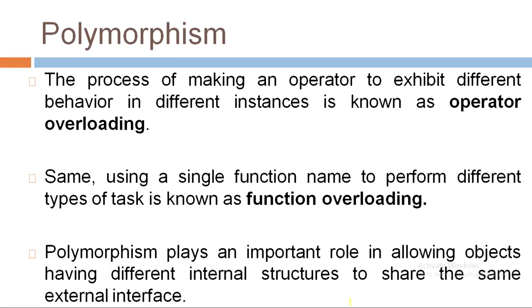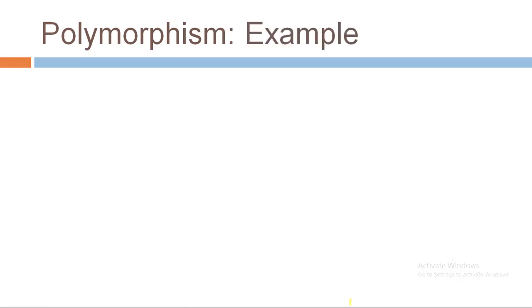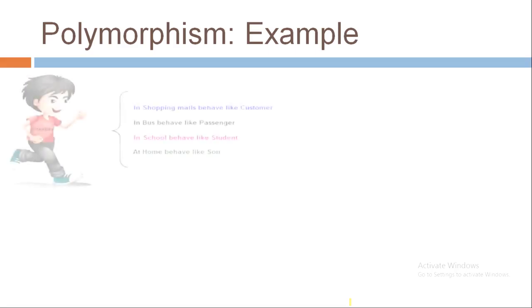The process of making an operator behave in different forms in different instances is known as operator overloading. In the same way, using a single function name to perform different tasks is known as function overloading. So we can say that operator overloading and function overloading are the two types of polymorphism supported in object-oriented programs. So let's see an example of polymorphism.